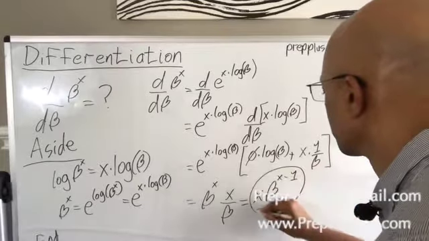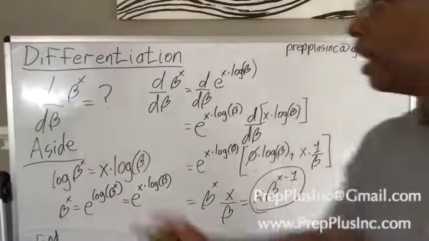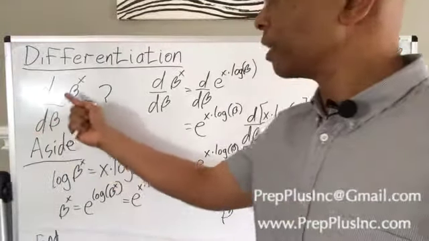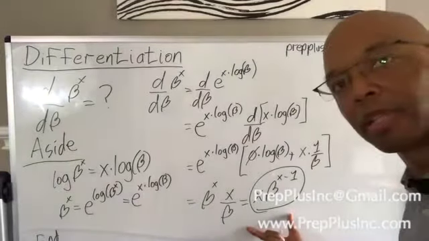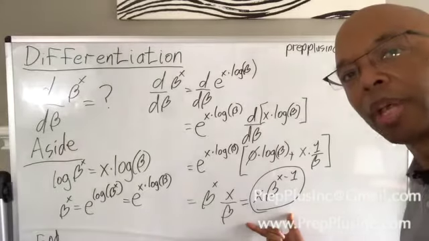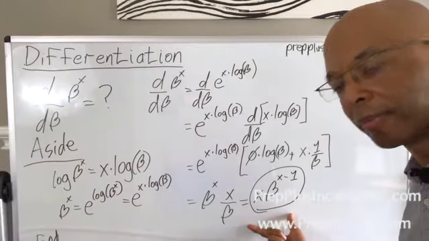So there's our answer. The derivative with respect to beta of beta raised to the x power is x times beta raised to the power x minus 1.